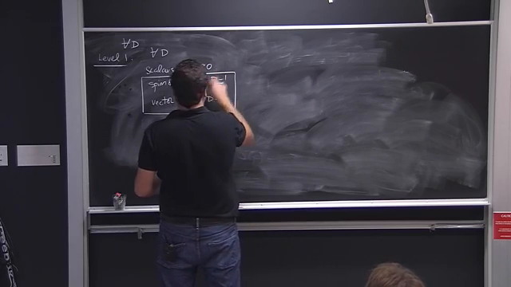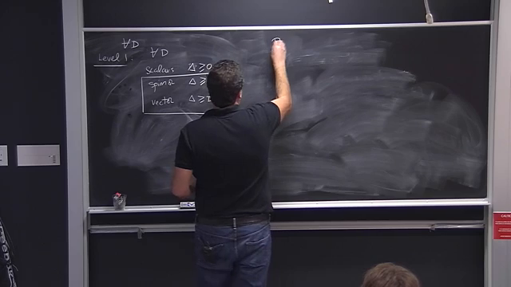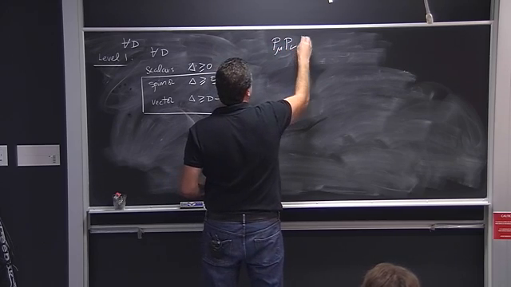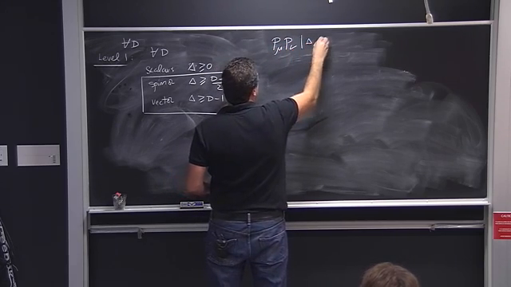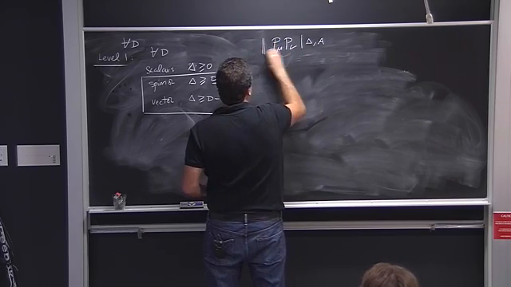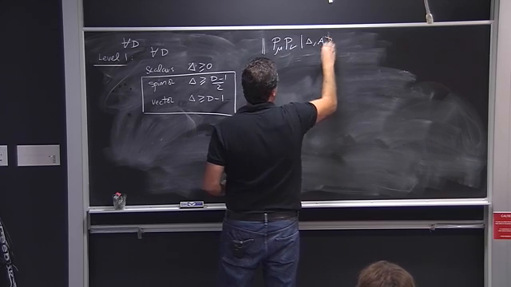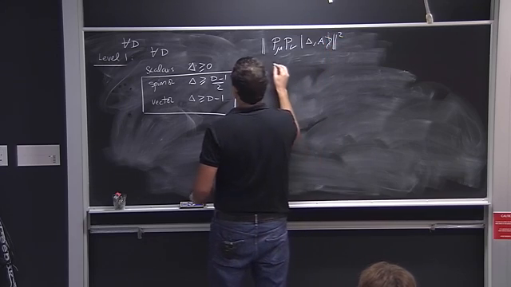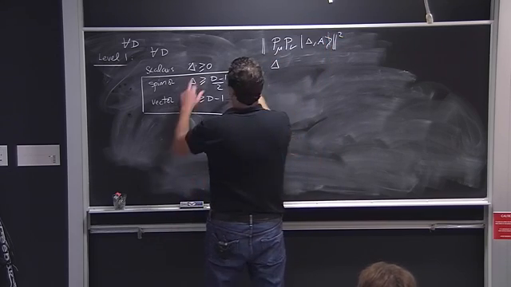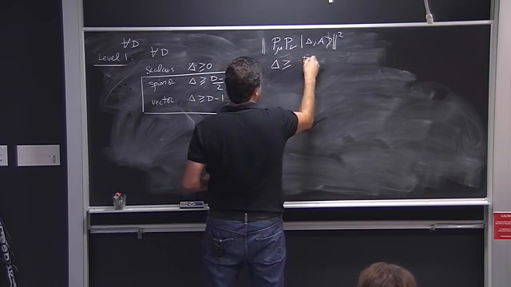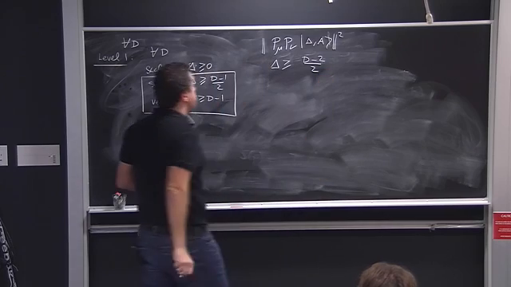For scalars, you can study the same problem now at level 2. And in that case, what you find is that the bound is made stronger by getting this.